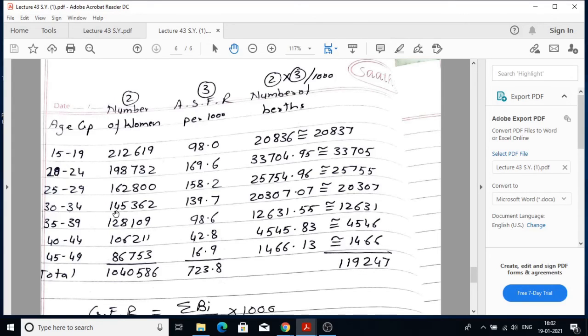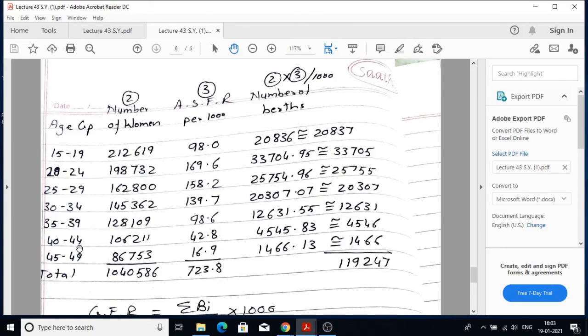Next age group 30 to 34. Number of women values are 1,45,362. ASFR per 1000 value is directly been given as 98.6. So total number of births is 12,631.55. So approximately we can take it as 12,631.